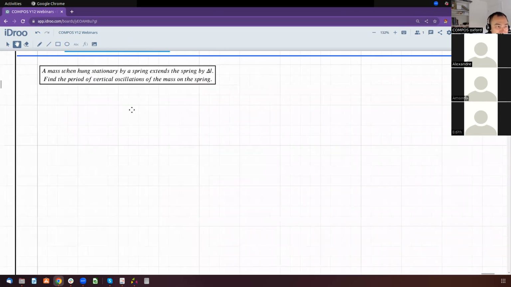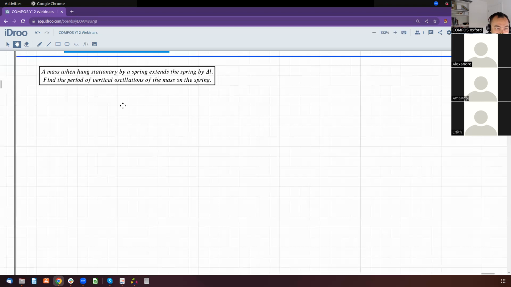When hung stationary by a spring, a mass extends the spring by delta L. Find the period of vertical oscillations of the mass on the spring. Okay, so the setup: we have a mass-spring system.